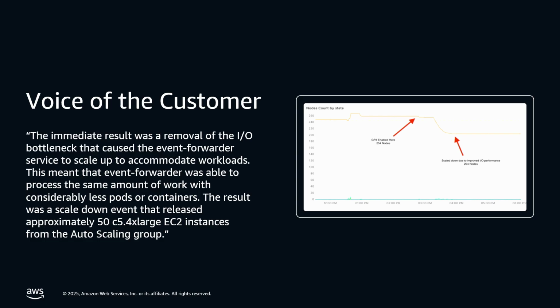Here's the anecdote directly from our customer. They also shared this graph. As you can see, their number of EC2 instances decreased by 50 after they migrated to gp3 and got the consistent performance of 3,000 IOPS.